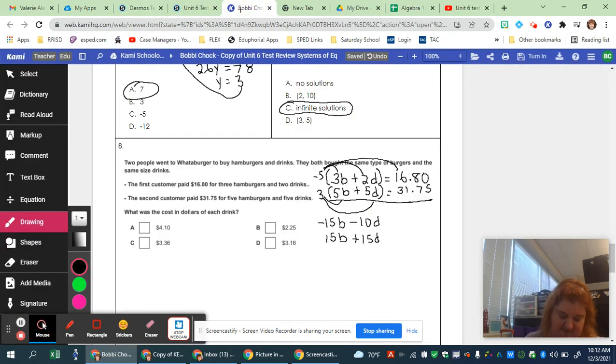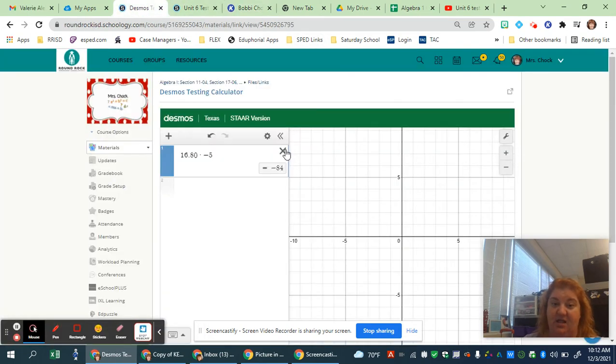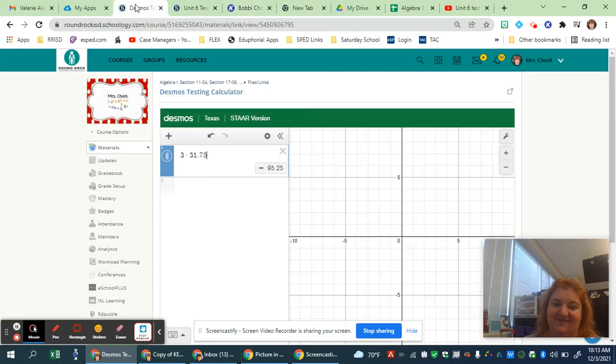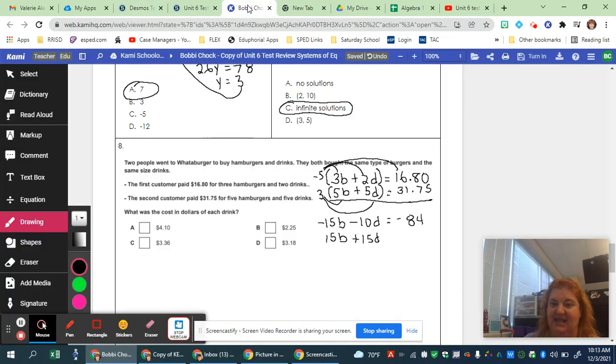So we have equals -84. And then 3 times 31.75. 3 times 31. Was it 75? Oh, my brain is mush. 31.75. Yes, 95.25.